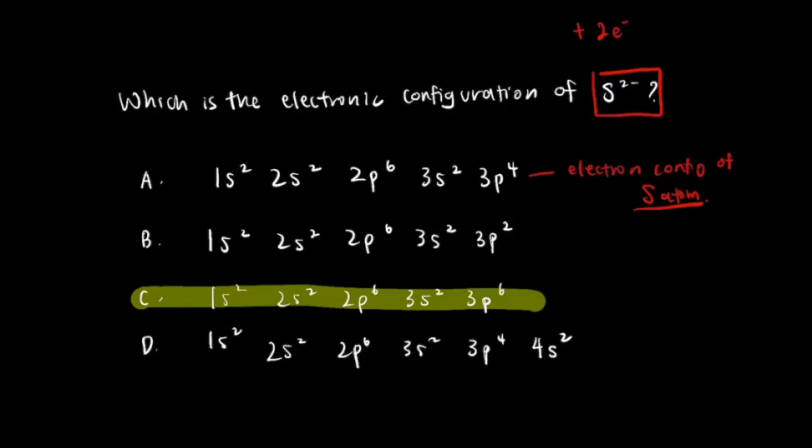Now B is definitely wrong because I have removed electrons, giving me the sulfur 2 plus ion, which is wrong. C is correct because I've added 2 electrons according to the Aufbau principle. D is wrong because I've added the electrons to the 4s sublevel instead of 3p, which violates the Aufbau principle, making C the correct answer.